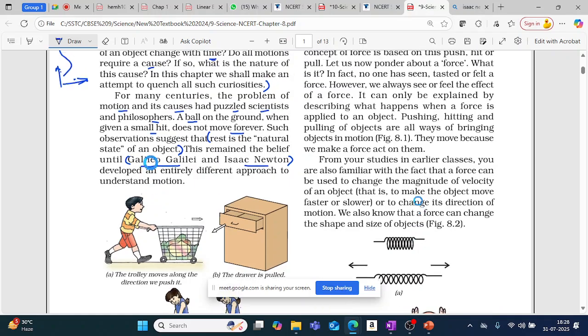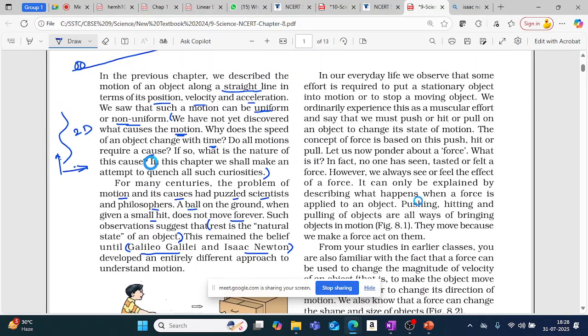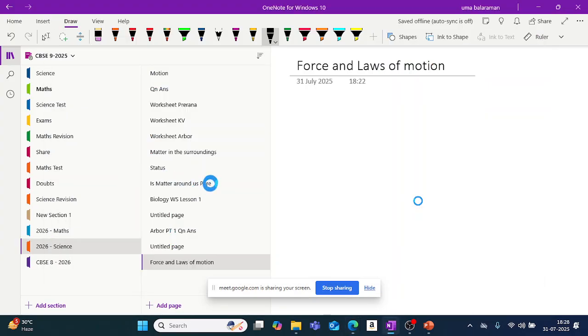Is it possible to start or stop an object without a force? So, what is force? Force is a push or pull, and force causes motion. Force can start an object at rest into motion, or an already moving object can be brought to rest.